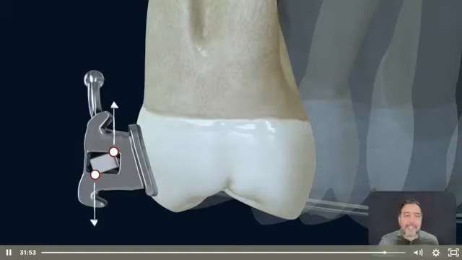I mean, this is the couple, two moments, and the predominant moment is always the one that is in a higher and a farther position in relation to the center of resistance. So this is the predominant moment that is giving to the system here a palatal crown torque.